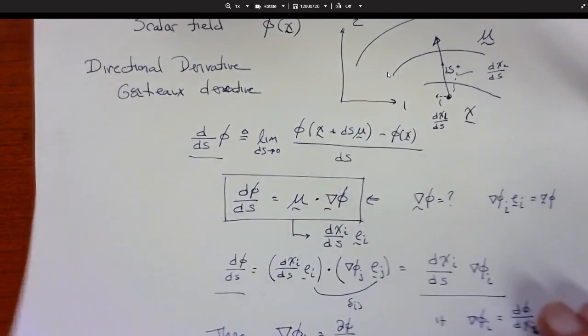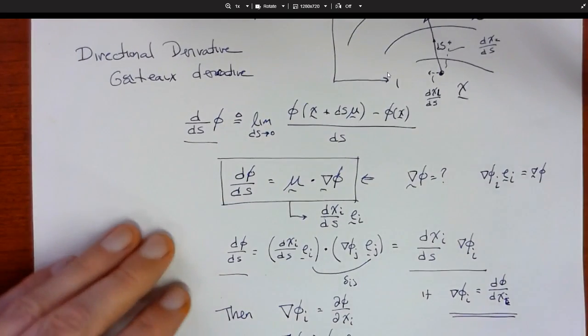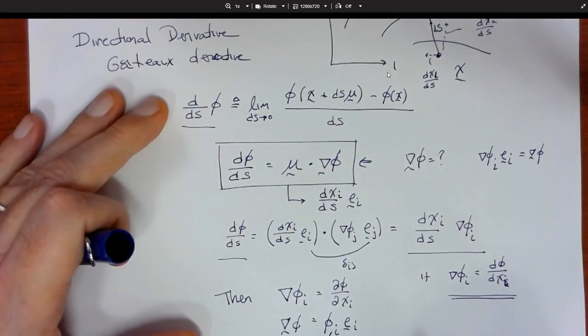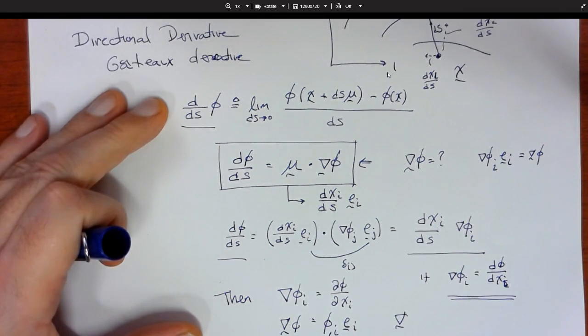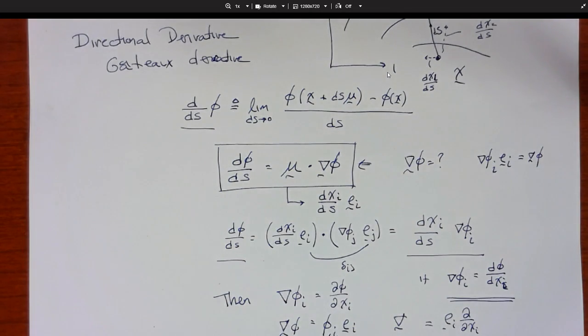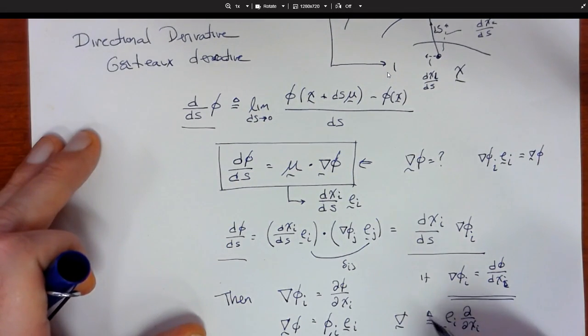In class, we defined this nabla gradient operator as being just e_i partial derivative with respect to x_i, by definition.